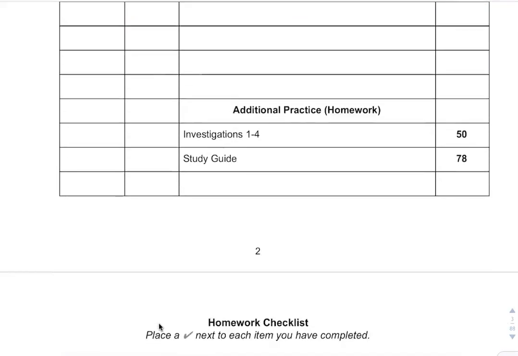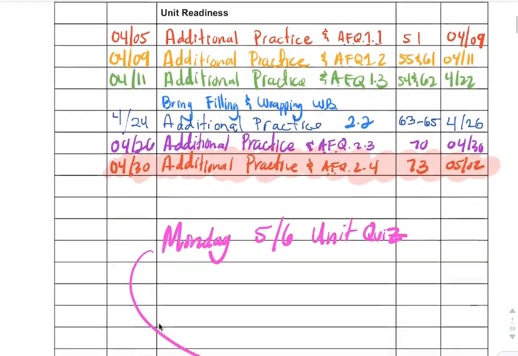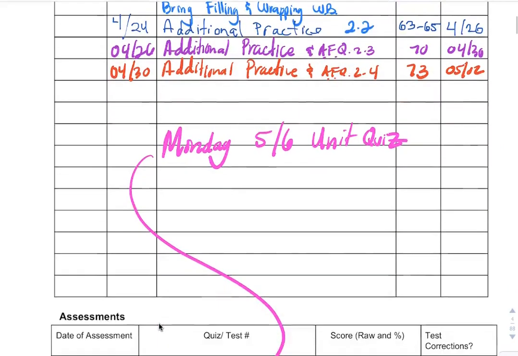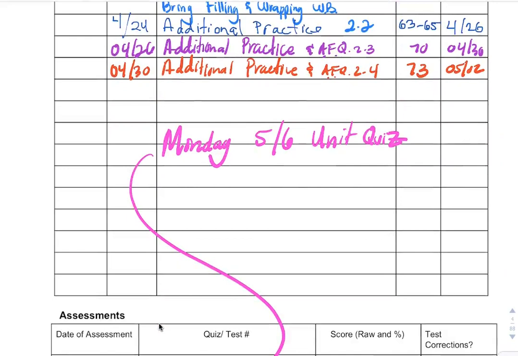And down here for your homework, just a reminder, you do have a unit quiz on Monday, and today, 0502, you have your study guide. That's page 78 to 80, do 0506.